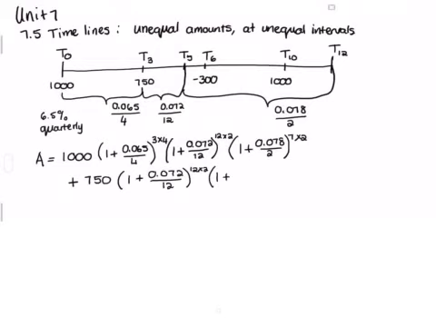Thereafter, the rate changed to 7.8% semi-annually, and this 750 stayed in for the full 7 years. 7 times 2.